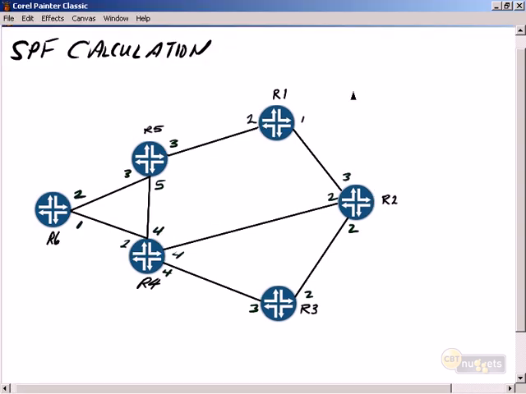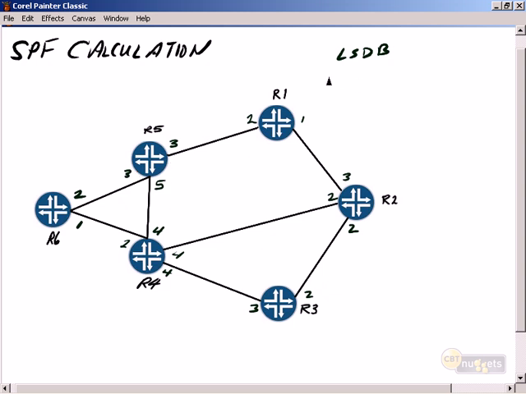Now remember, in the initial hello process and the advertisement process and creating adjacencies and building the database, our router, for example router 1, now has a link state database, okay? And it has information, for example, like the router IDs. Here they're simple. They're R1, R2, R5. But also it knows, based on the information it received from the routers, the costs that have been assigned to all of the directly attached links.